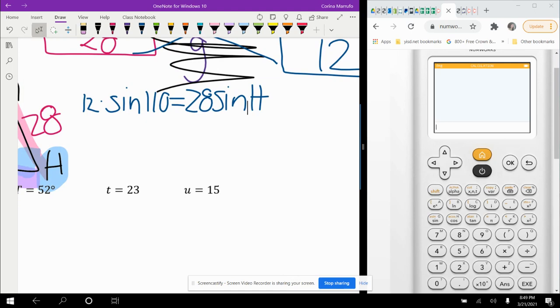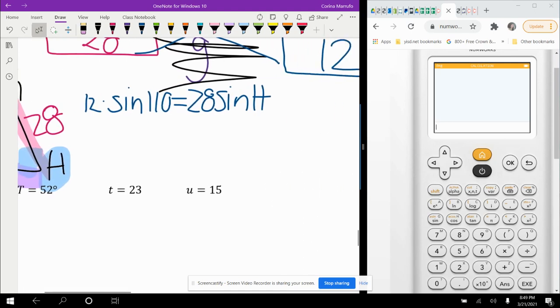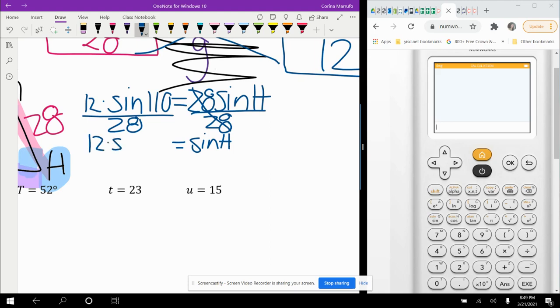I'm going to go ahead and first divide both sides by the 28 to solve for sine of h. Okay, so then it cancels and we get sine of h equals the 12 times the sine of 110 divided by 28.